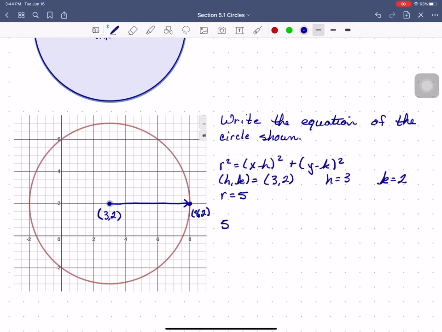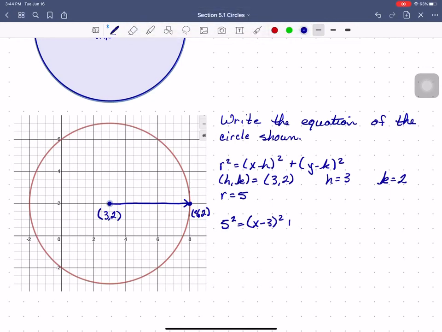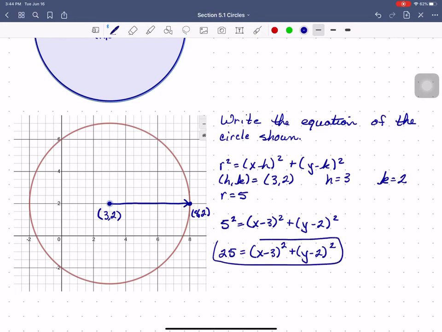So that means that 5 squared is equal to (x minus 3) squared plus (y minus 2) squared, or 25 equals (x minus 3) squared plus (y minus 2) squared. And this is the equation of that circle that is shown.